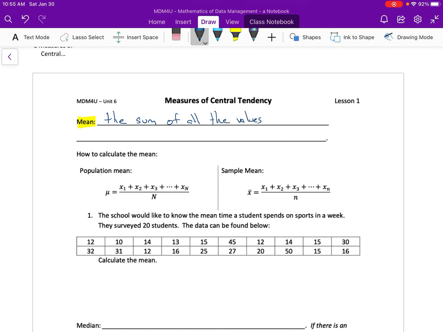So the sum of all the values in a set of data, and then we divide by the number of data points. So most people, if they say my average is this, this is the kind of average they're referring to, but really the average could be two other ones that we're going to talk about, the median and the mode as well.